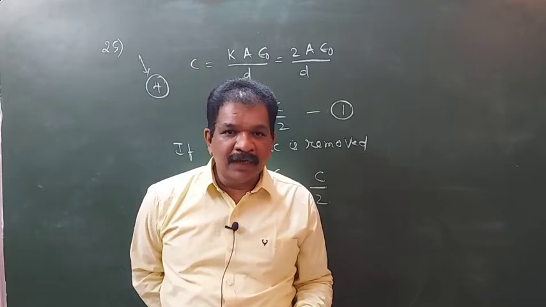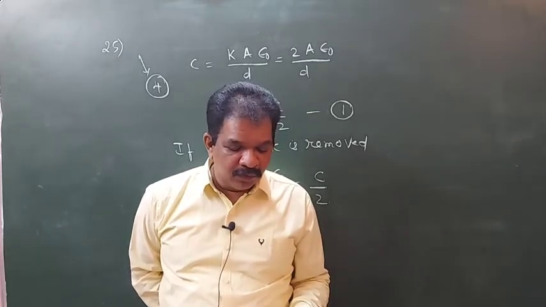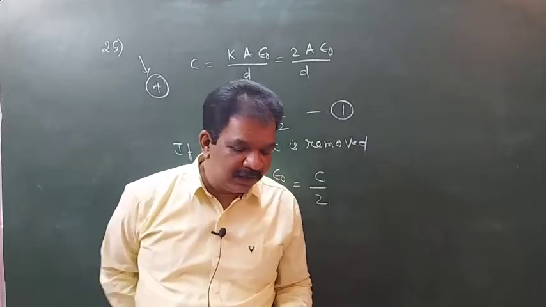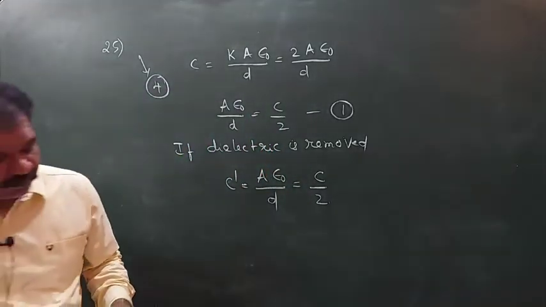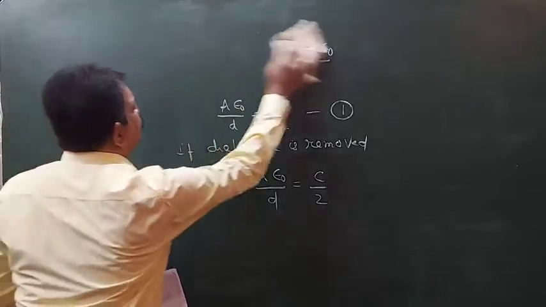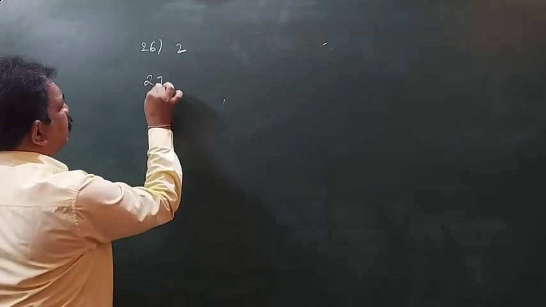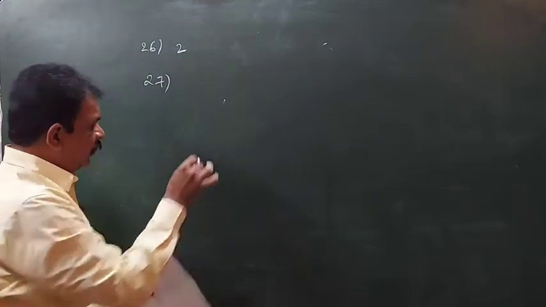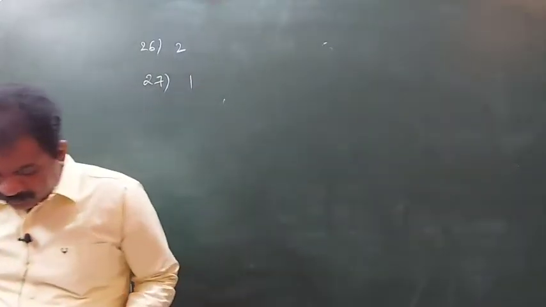It is of negligible thickness, they mentioned, so capacity won't change. 26 will be the second option. 27 will be the first option. Next, 28 you see.